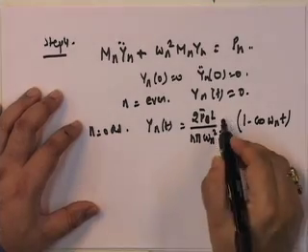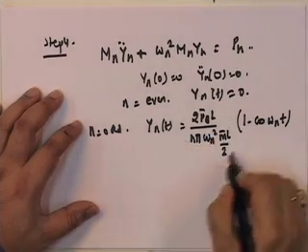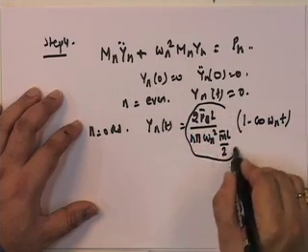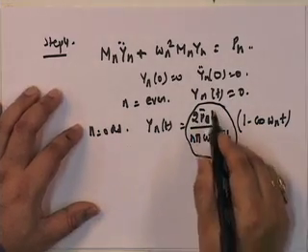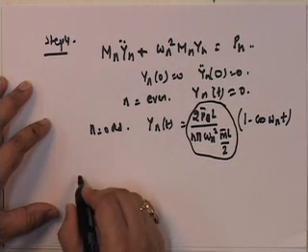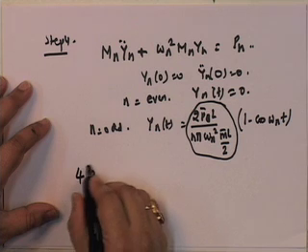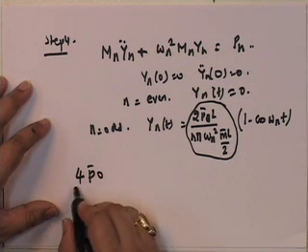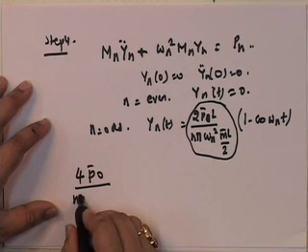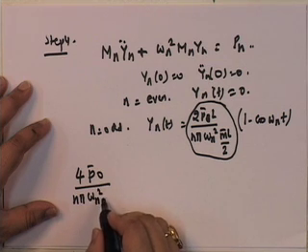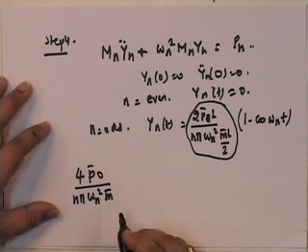Okay. So, let us see what this turns out to be equal to. Let us have a look at what this term turns out to be equal to. The L cancel. Okay. So what we are left with is 4 p bar 0 upon n pi omega n squared m bar.